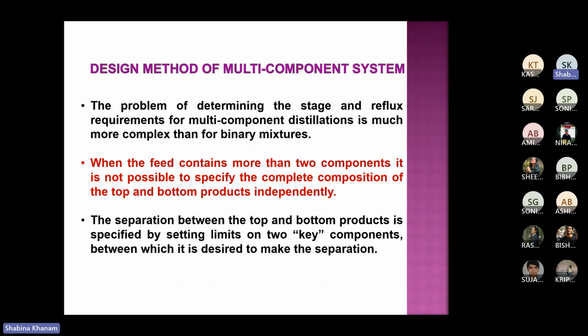Please try to understand, it is new to you, but when we see the detailed procedure, I hope it will be clear what I'm trying to emphasize. The first step is that in a multi-component system we need to define key components.